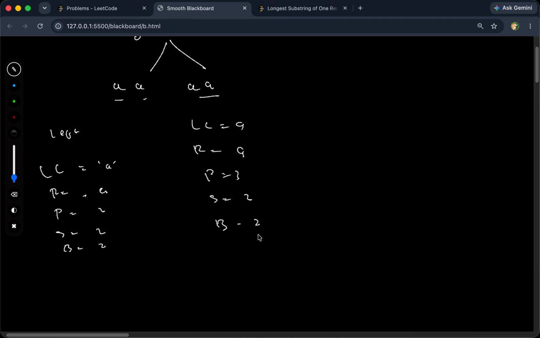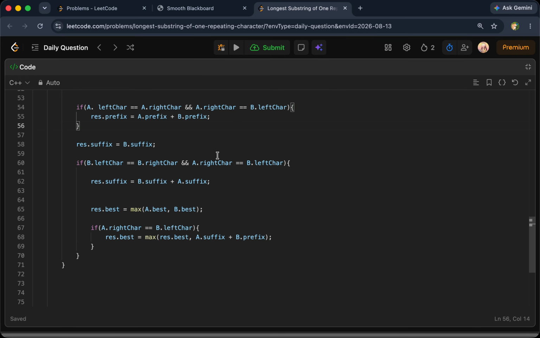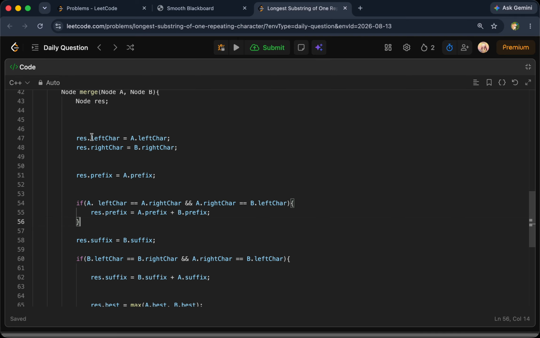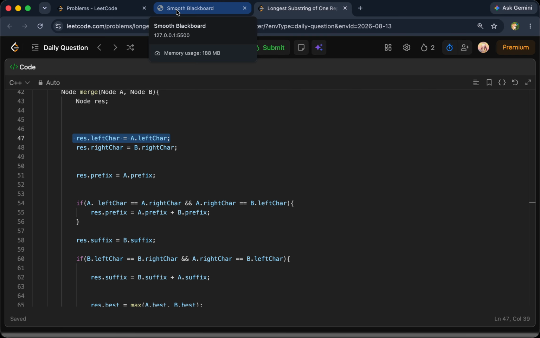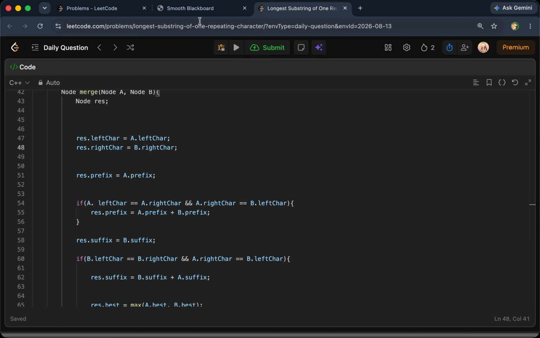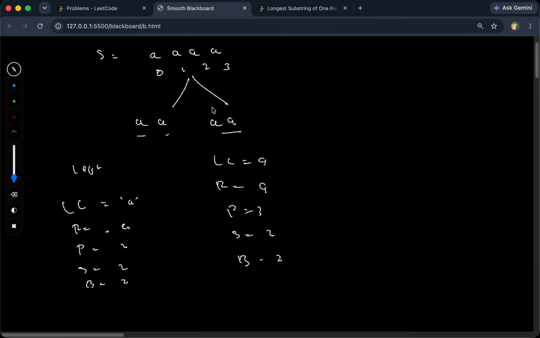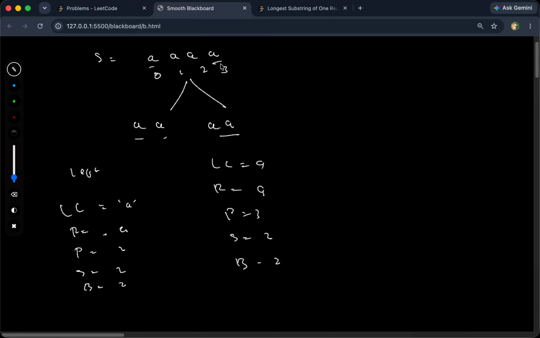So see, now left character in our code, where is that line? See this line. Okay, the left node starts with a, so left character a points to a. This line points to a, so right character, the right ends with a. So it points to the last a: left points here and right points here.